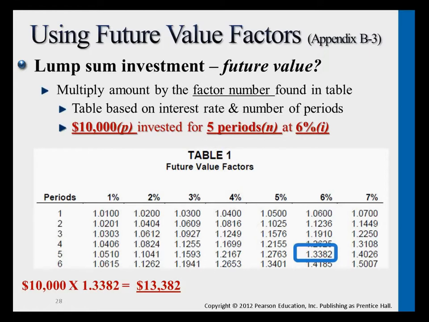At the intersection of those two is the number that you're going to multiply by the initial investment, that lump sum. That's a lump sum investment. We're not paying by periods. It's not an annuity. It's your lump sum.